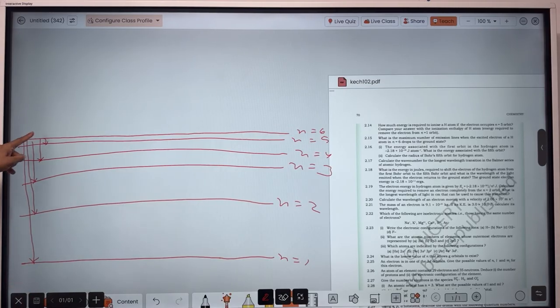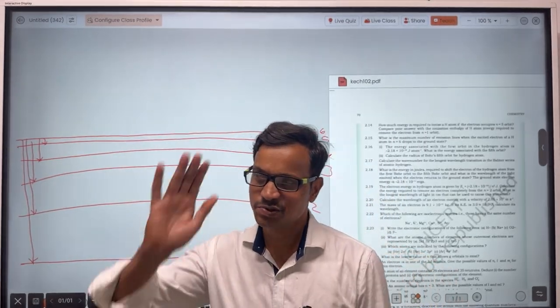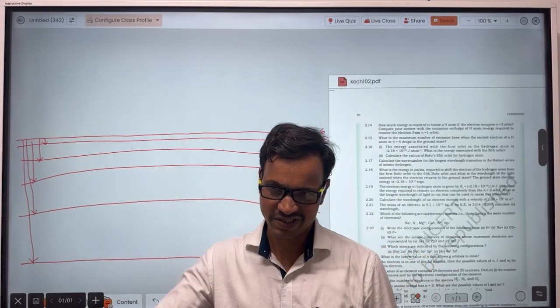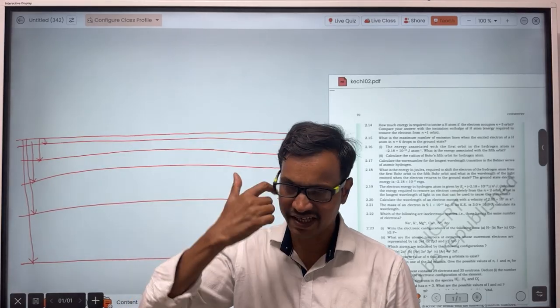How many? 1, 2, 3, 4, 5. So a simple trick is there: from 6 to 1 it will go, so how many lines will it pass? 5 lines.